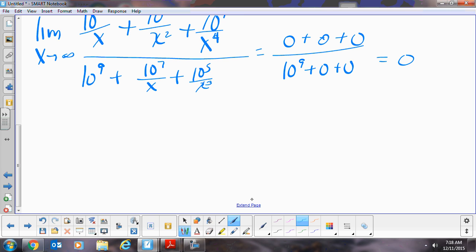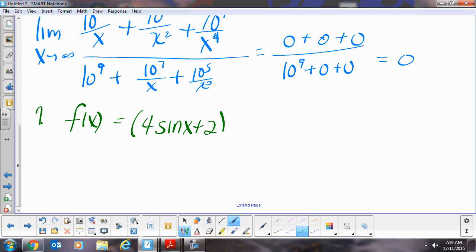Page 5, number 7. What about that one? Do that one. What rule is going to come first? We've got f of x. Did you write this as 4 sine x plus 2 raised to the 1/2? Did you? Okay. This is what you're supposed to find.